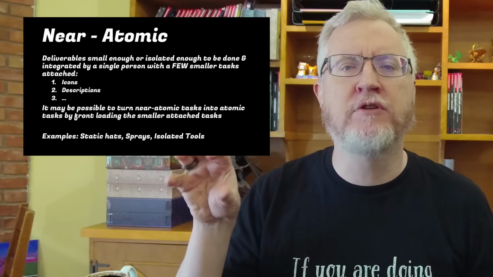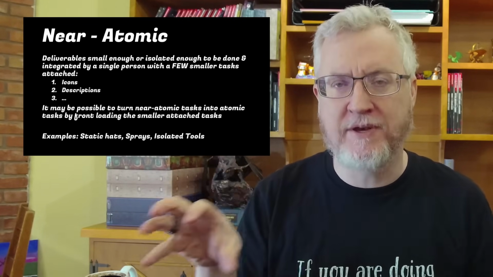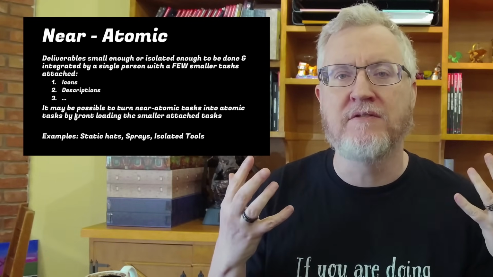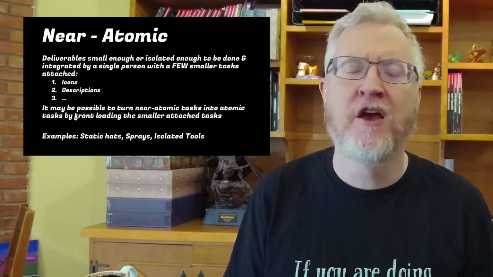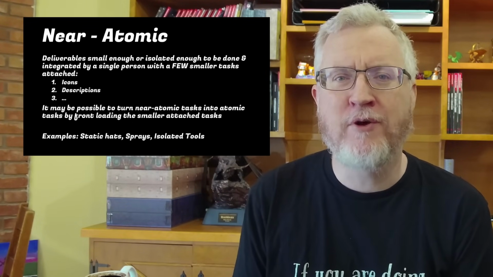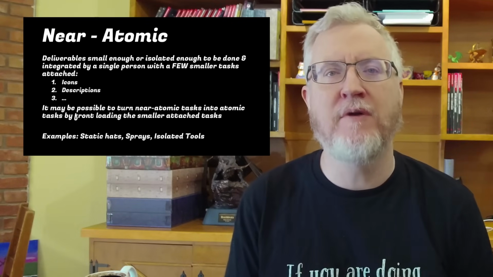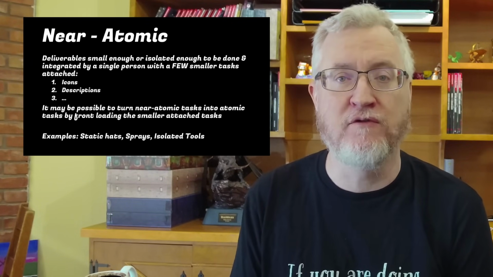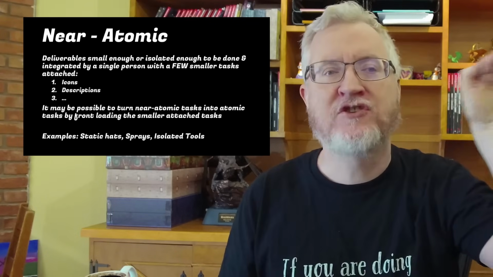It may be possible to turn these near atomic tasks into atomic tasks by front loading some of those attached tasks. You might say, well, we're going to want a lot of hats for our game. So I'm going to just come up with a big list of approved names and put those approved names into the universal backlog and say, make a squirrel hat.